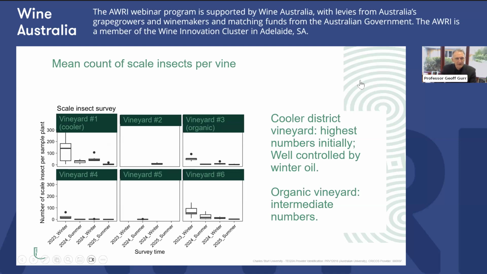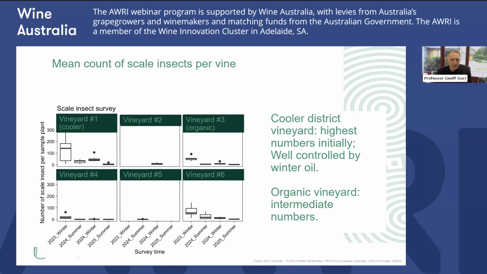So let's now take a look at 6 of the vineyards, and I'm showing you here the means for winter 2023, summer 24, winter 24, and most recently summer 25.